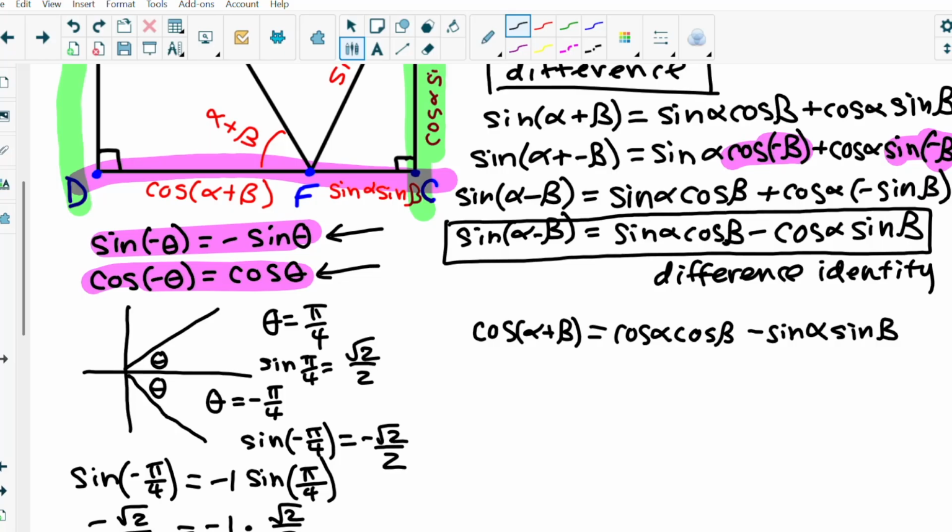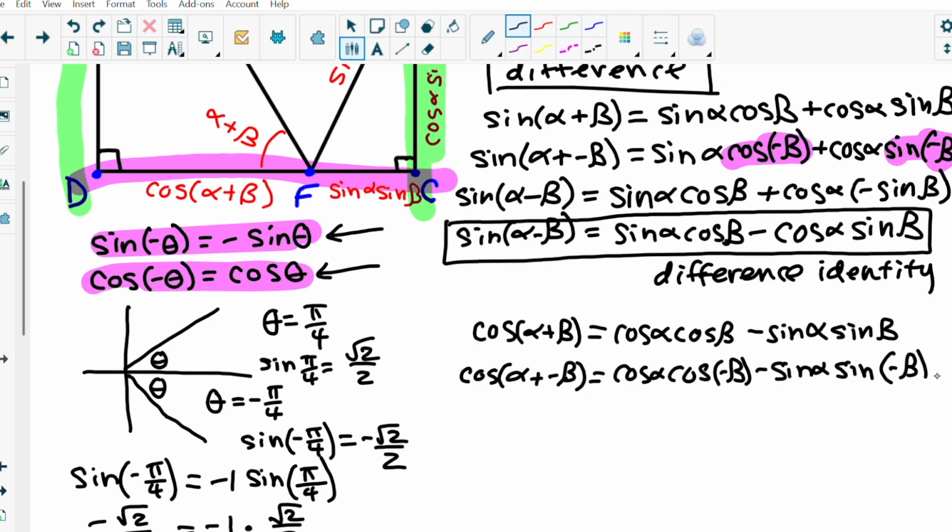Okay? Similar to what we just did, I'm going to go cosine of alpha plus negative beta equals, and let's make the substitution. Cosine of alpha, cosine of negative beta, minus sine of alpha, sine of negative beta.